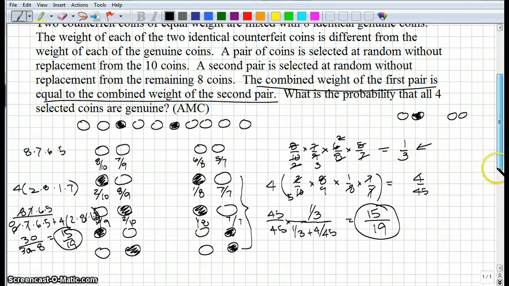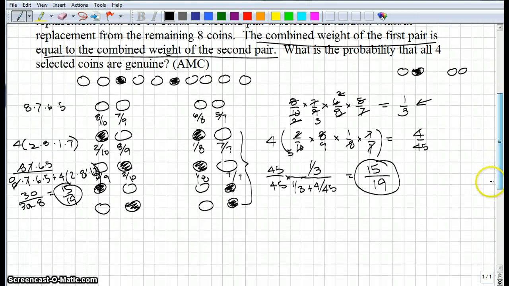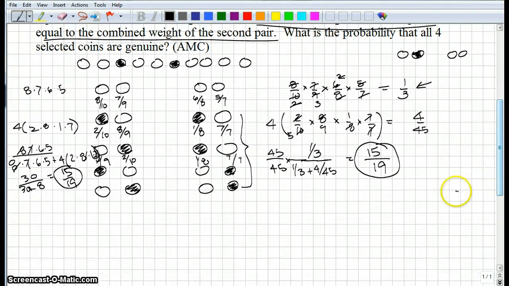One thing too, if you want to look at all of the different ways that these coins could come up and include the ones that we don't really want, just to check yourself to make sure that your probabilities are correct, you could look at the cases here. We have 0 counterfeits. Here we have 2 counterfeits, 1 on each side.